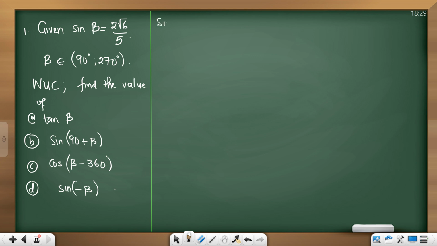So if the examiner has given me that sine B is 2 root 6 over 5, and I know this is y over r, it means I already have my y value and I already have my r value. That's my first interpretation.